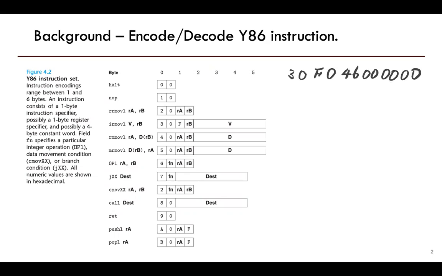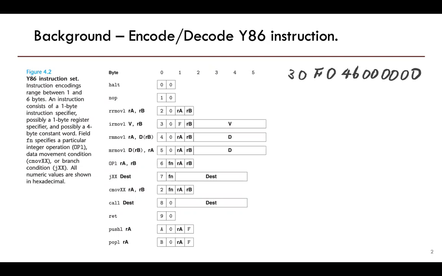First, I'm going to decode as the fetch unit does. Let's say this machine code is stored in the memory. The fetch unit will fetch this instruction, but before we fetch it, we don't know how many bytes we have to fetch because each instruction has a different size.